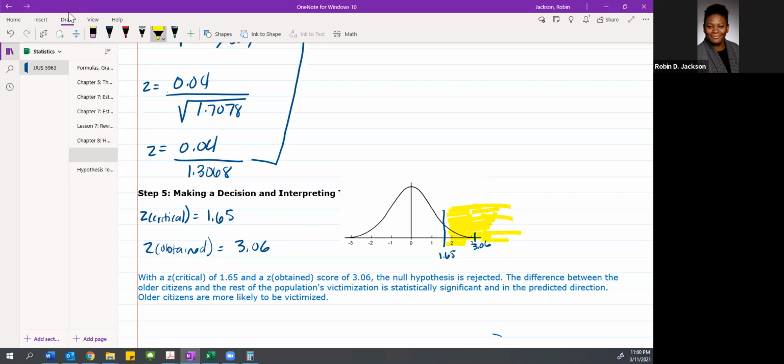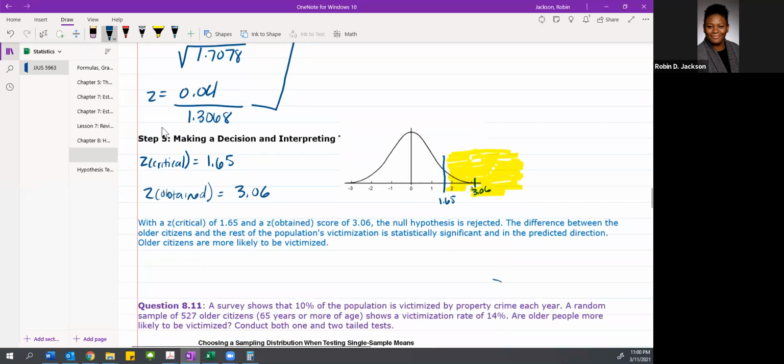So your Z obtained of 3.06 falls in the critical region, we reject the null. And here's the statement right here. With a Z critical of 1.65 and a Z obtained score of 3.06, the null hypothesis is rejected. The difference between the older citizens and the rest of the population's victimization is statistically significant and in the predicted direction.